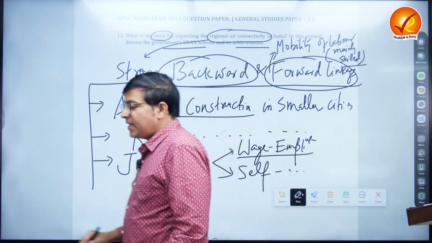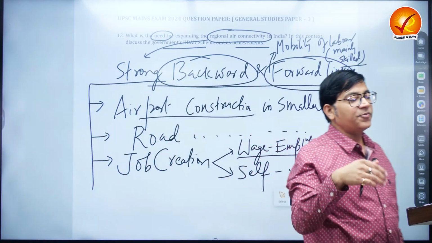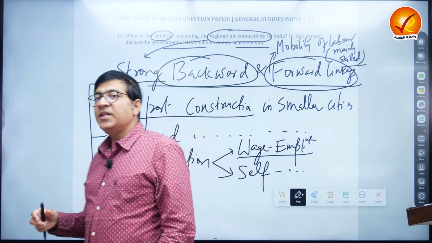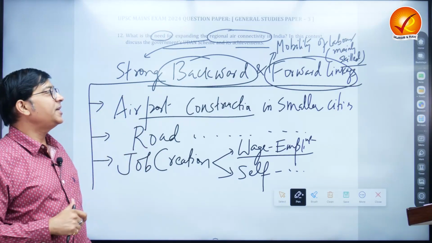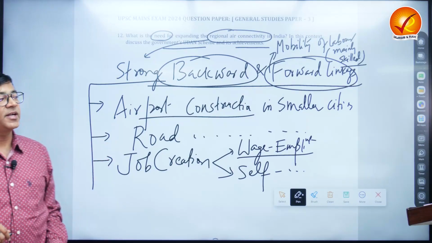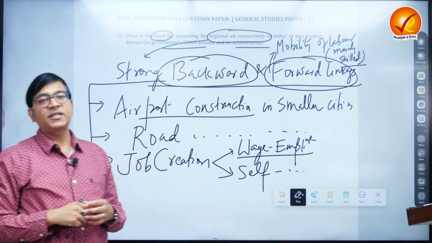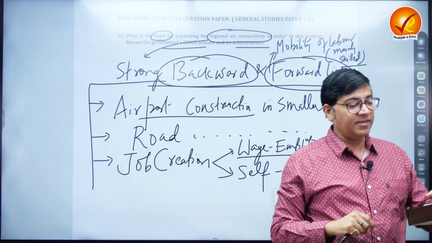Because in highly skilled labor, if mobility takes a lot of time, the businesses won't be open in the smaller cities, etc. Okay. So for example, for the managerial employees to travel to the tier 2 or tier 3 cities, the regional connectivity is very important. So that can lead to an overall higher industrial development, services development in the smaller cities, etc.